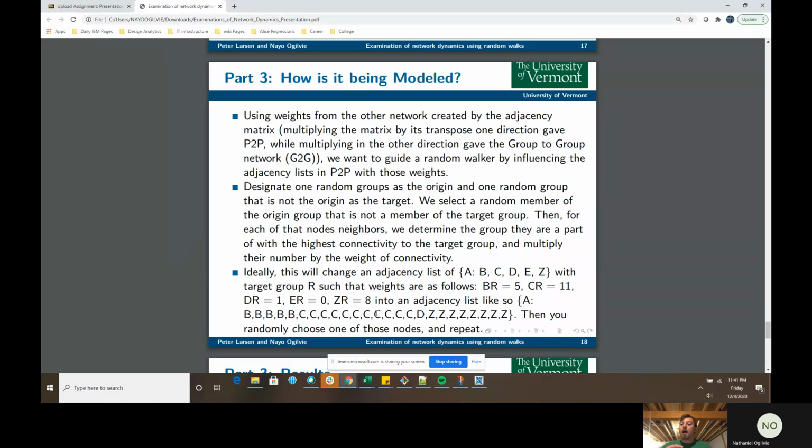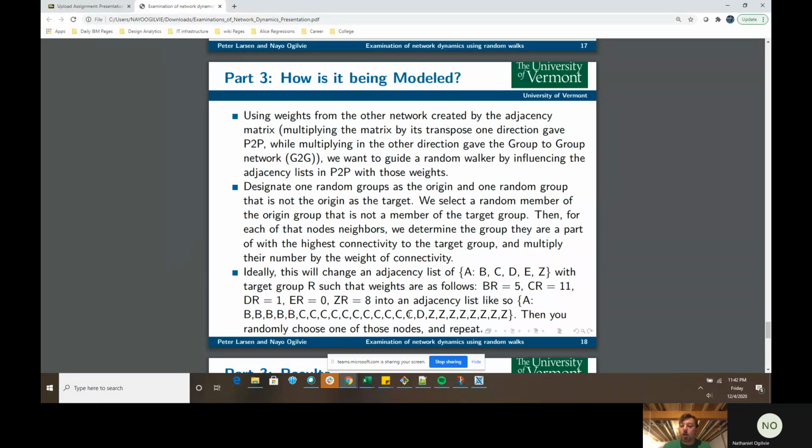Then you alter the adjacency list such that each of those entries is now weighted according to their weights from the group-to-group network. And then you randomly choose from that new adjacency list.